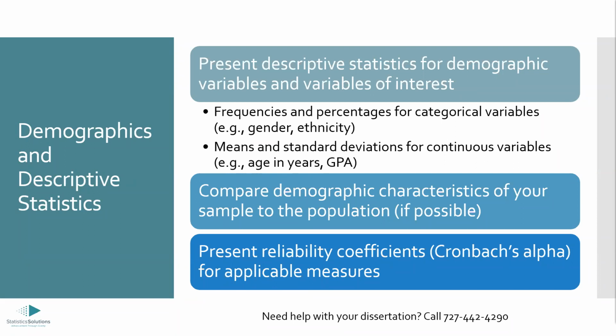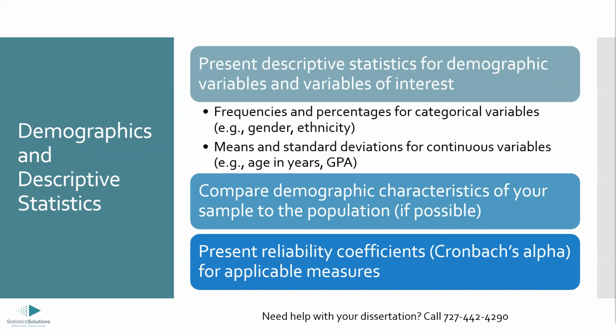So you might present frequencies and percentages for things like categorical variables. So that would include things like gender or ethnicity, and means and standard deviations for continuous variables, which would be something like age in years or grade point average or income in dollars.